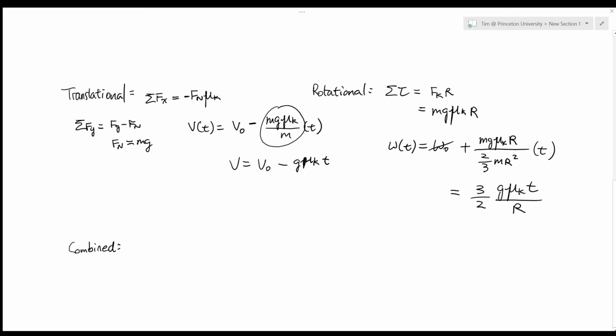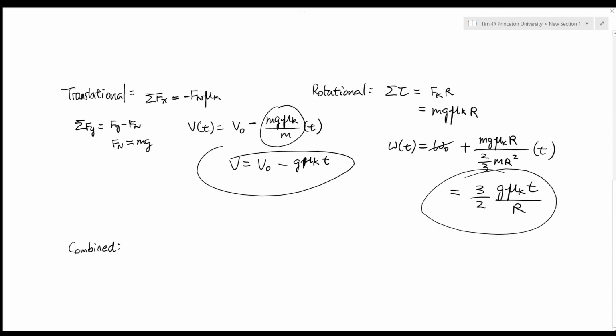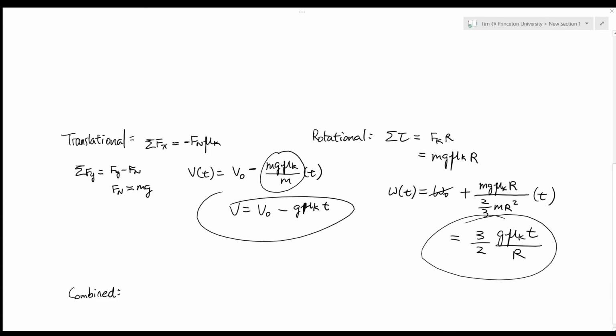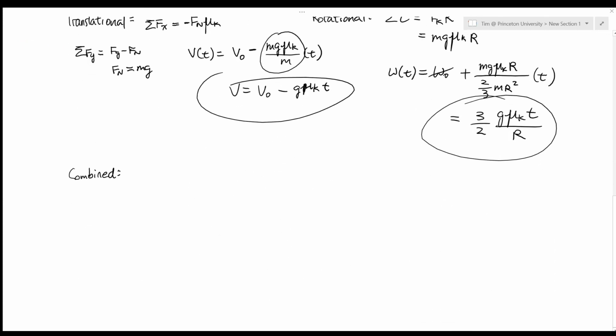Now we can actually combine these two together, because we know at some point t, the velocity will equal the angular velocity times r. So we say that v naught minus g mu k t is equal to 3/2 g mu k t over r times r.